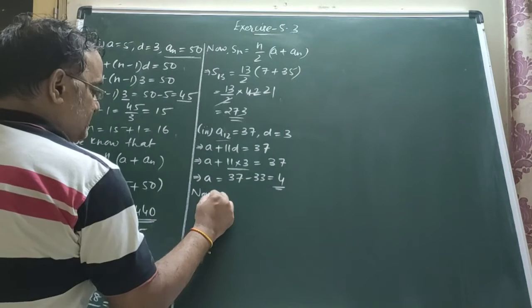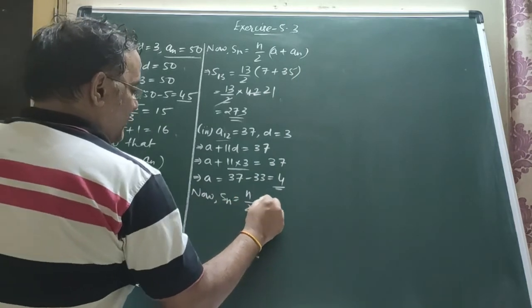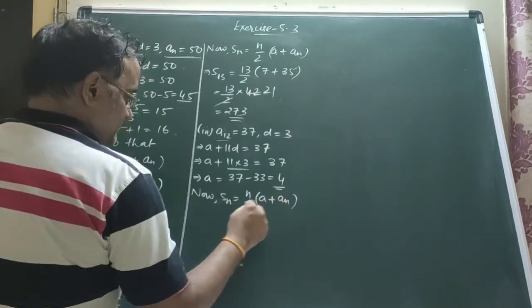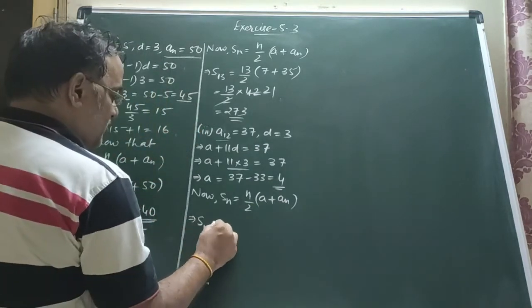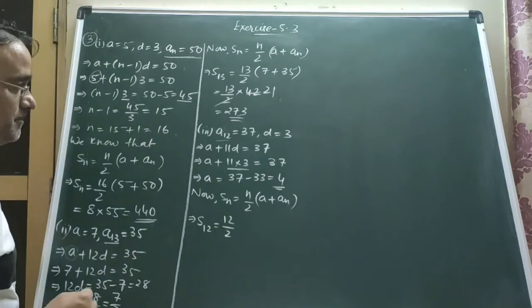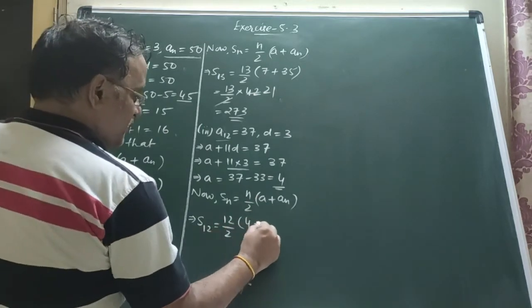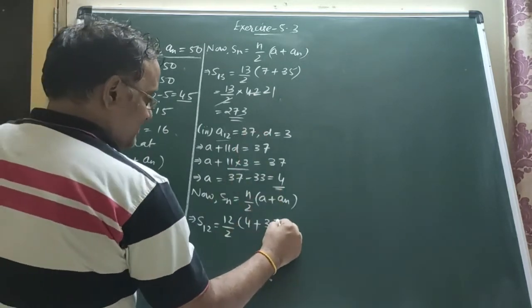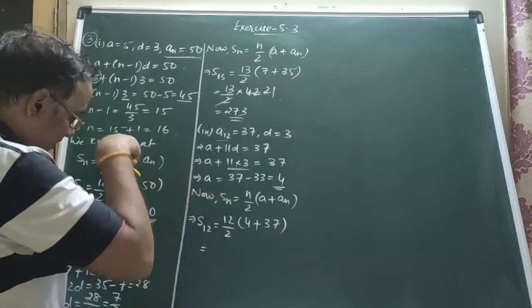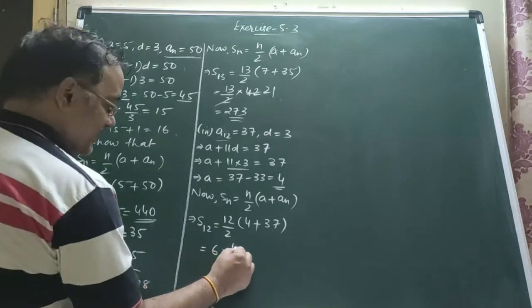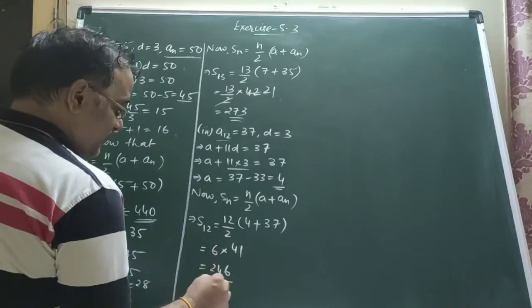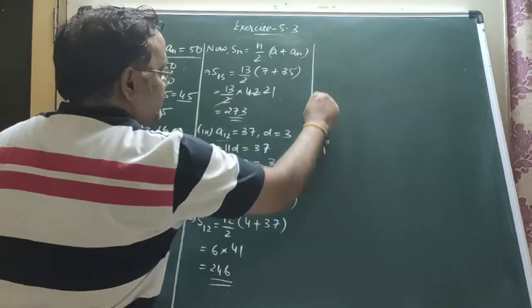Now Sn is equal to n upon 2 (a plus an), because next we have to find S12. So S12 is equal to 12 by 2, first term is 4 and the last term is 37. So 12 by 2 is 6 and 37 plus 4 is 41. So we'll get 246. Okay.